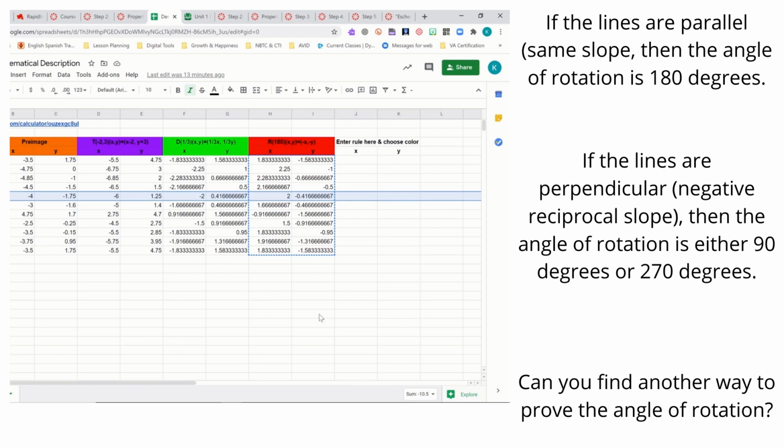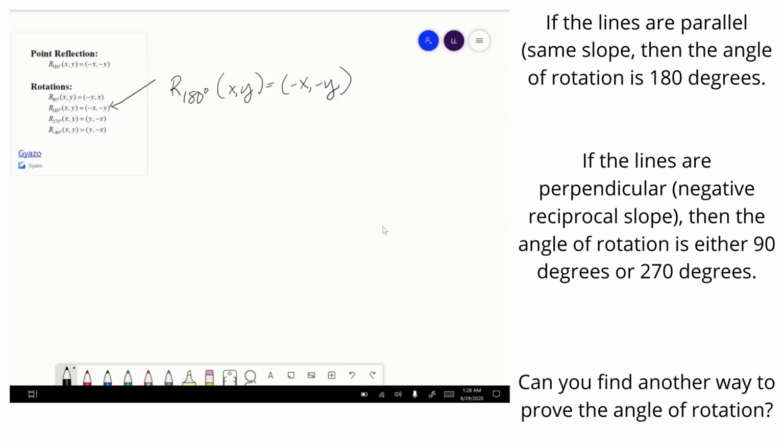All right, so we're ready to do the math. My first point is E: -2, 0.417.